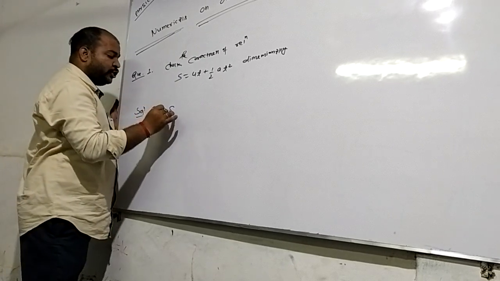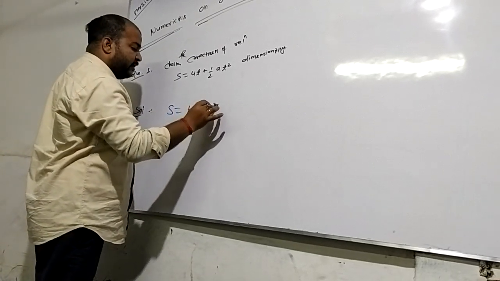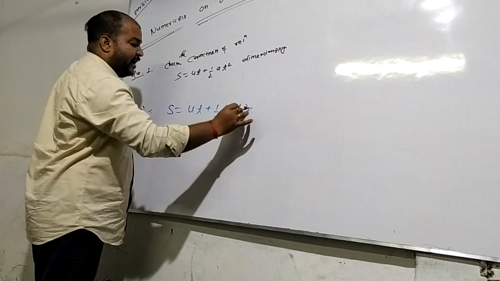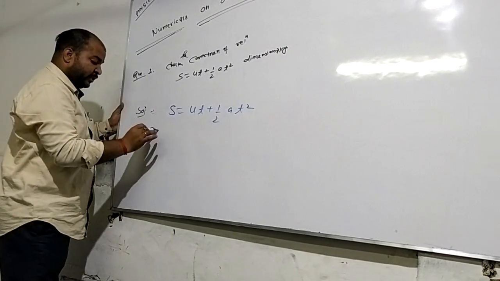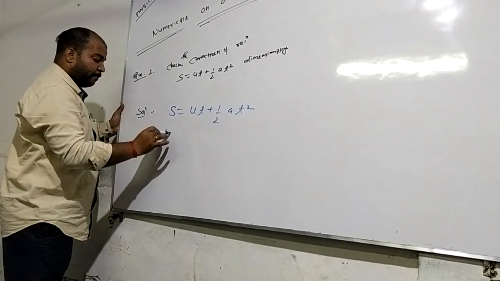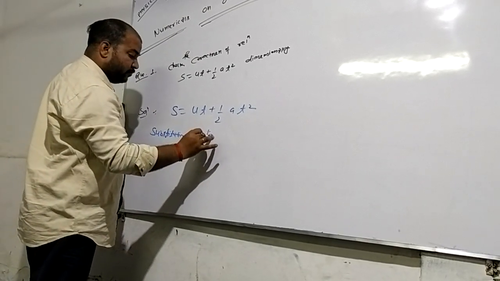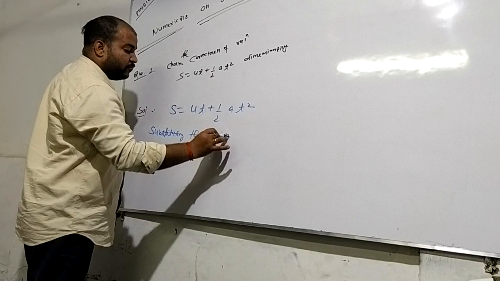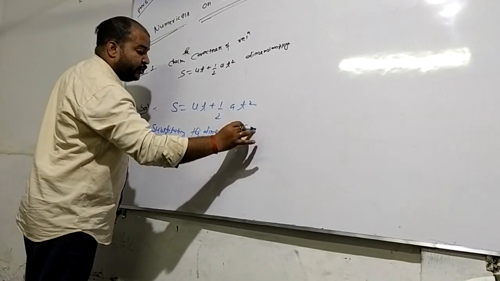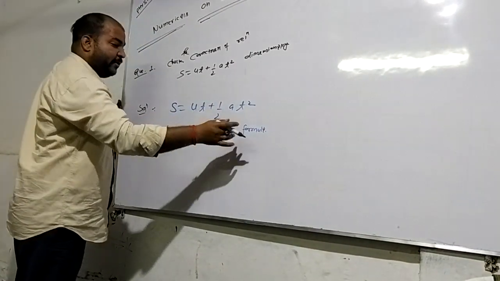Here, substituting the dimensional formulae in S equal to ut plus half at square. Look at here.